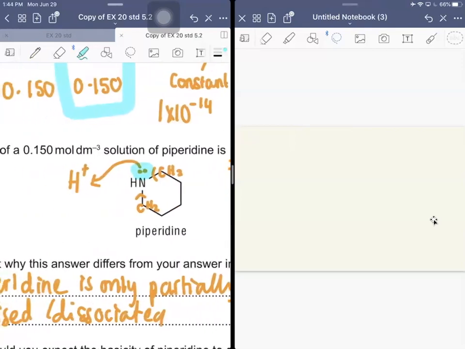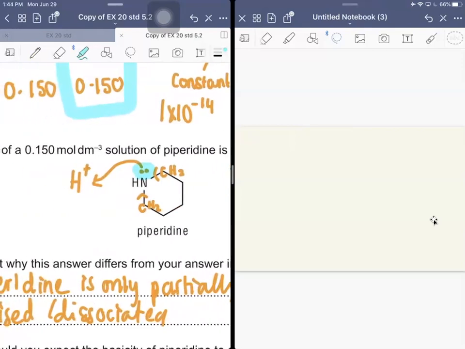So now, imagine this. You've got a lone pair on the nitrogen. The lone pair of electrons is already a negative charge. You don't see it, but electrons have negative charge. Now, the two CH2 groups attached to that nitrogen are pushing more electron density into that nitrogen.